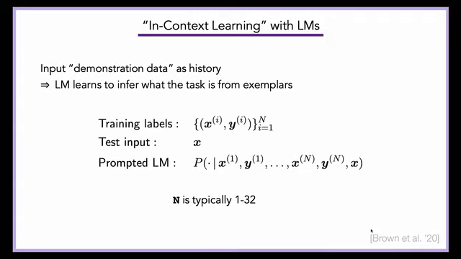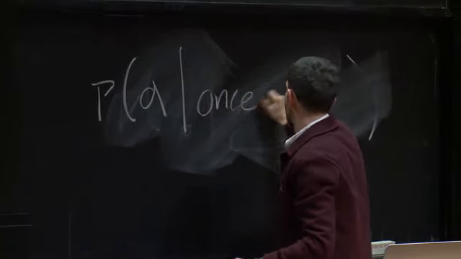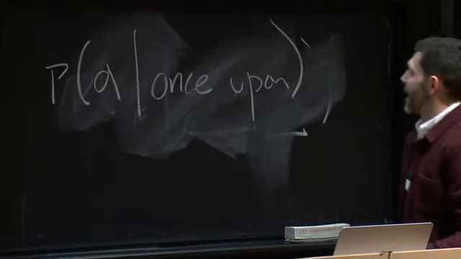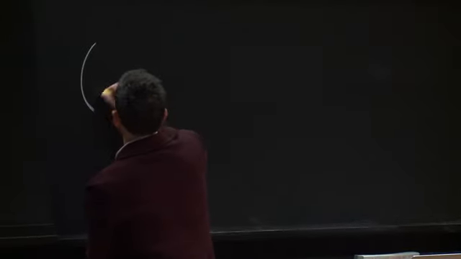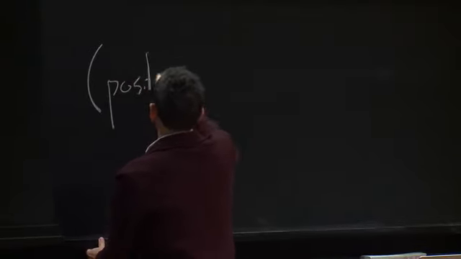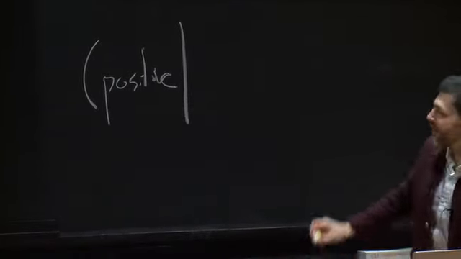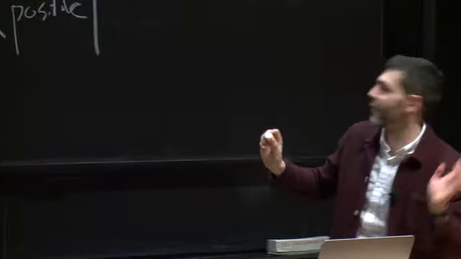But the basic idea here is, rather than going to a model and saying, like we said before, what's the probability of the word given "once upon", if we're trying to do something like a sentiment classification task, we're going to ask the model, what's the probability of positive given... well, let's naively say the first thing we wanted to do is assign star ratings to movie reviews or something.